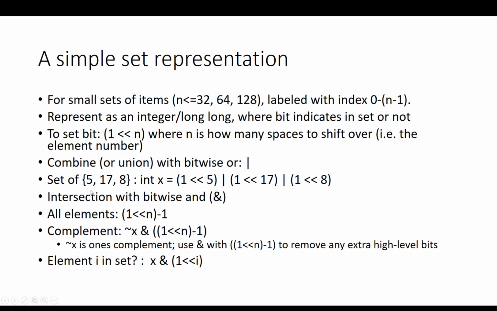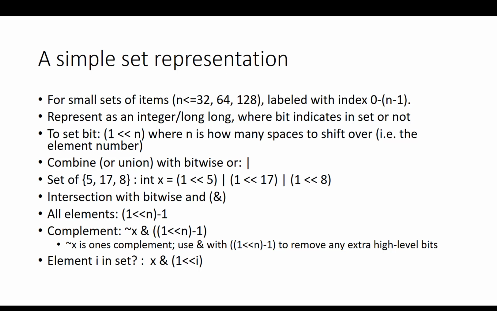So for instance, my set of 5, 17, and 8, I can just do a bitwise OR, the union of the set containing 5, the set containing 17, and the set containing 8. You can also do an intersection with a bitwise AND, and you can also do an XOR between two things by using the up arrow, the little exponent-looking caret.